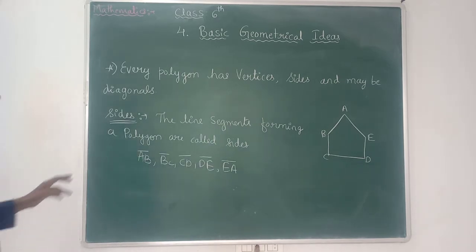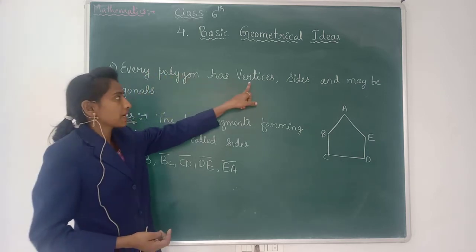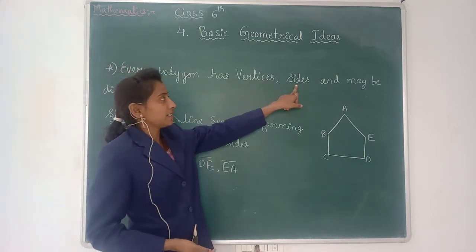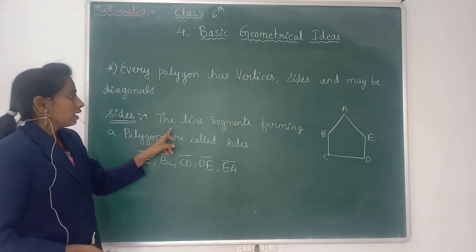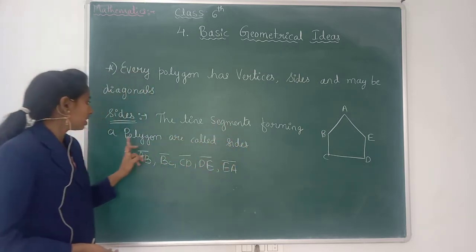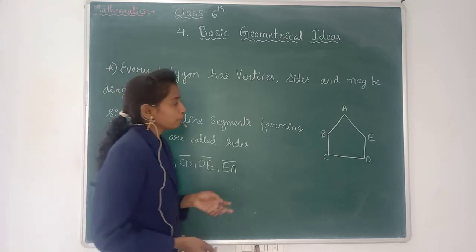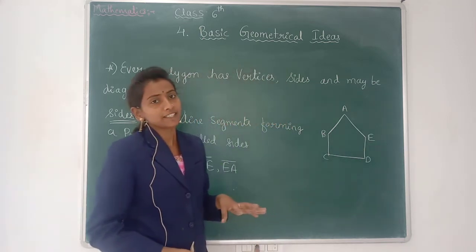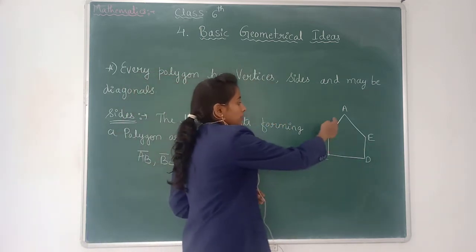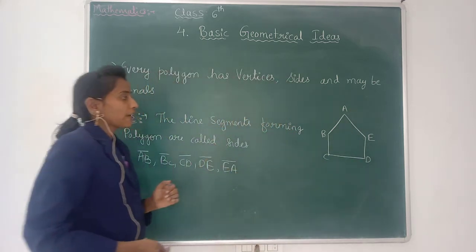Next we will see about the sides. The polygon has vertices that we have discussed. Next is side. So what is meant by side? The line segments forming a polygon are called sides. Here we have 1, 2, 3, 4, 5 line segments, that means AB, BC, CD, DE and AE, 5 line segments.